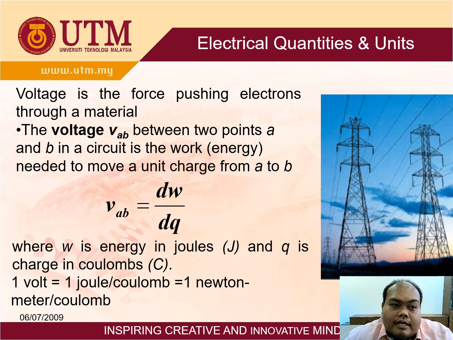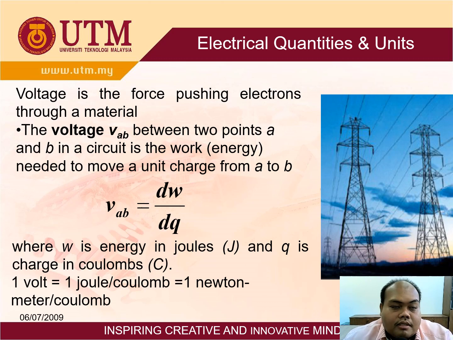So besides current, another important component in electrical is the voltage. Voltage is basically the force pushing the electron through a material. The equation is V equals dw over dq. Work needs to be done to move an electron, okay, not an electron, the charge.